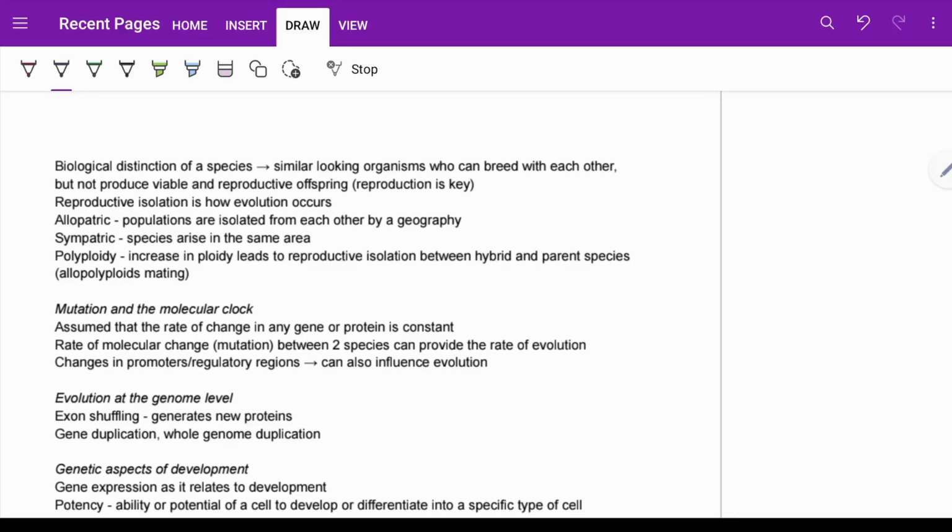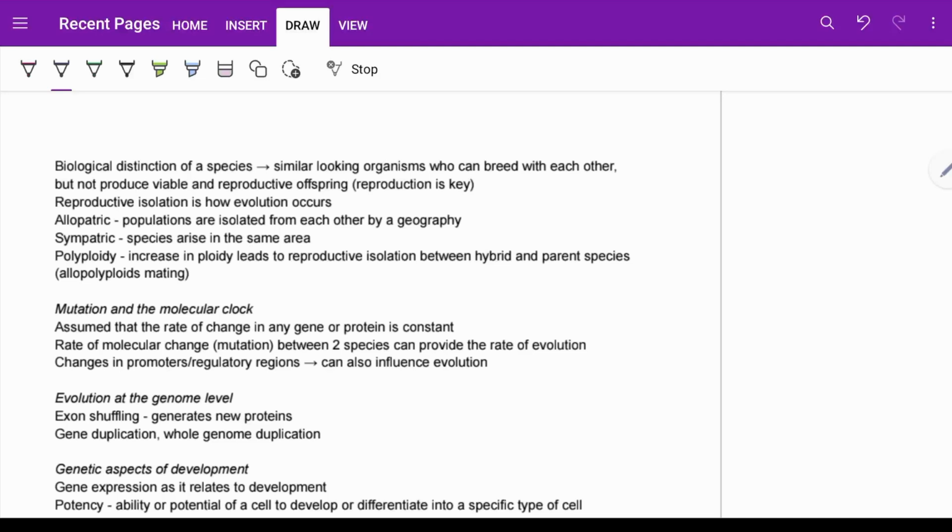That doesn't mean they can't be sterile in some cases. For example, if we cross a tiger and a lion, we can get a liger, but this liger is sterile, so it's not a valid species. It's a hybrid. But as long as two organisms can breed naturally and produce viable, fertile offspring, they are a species.